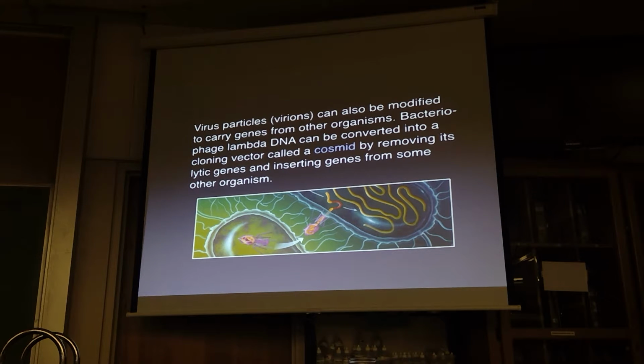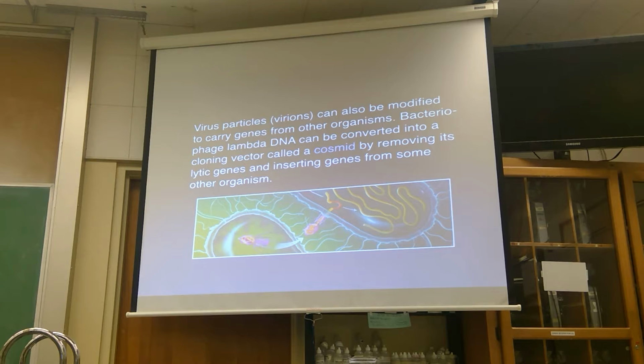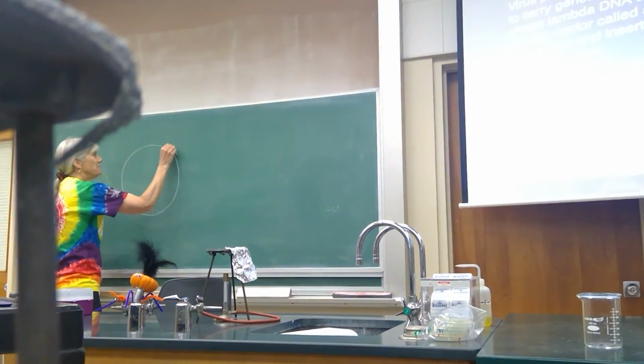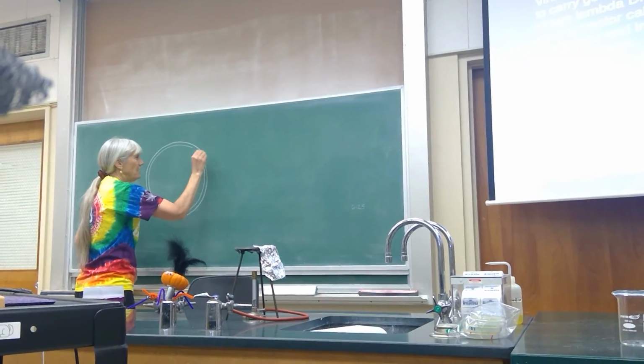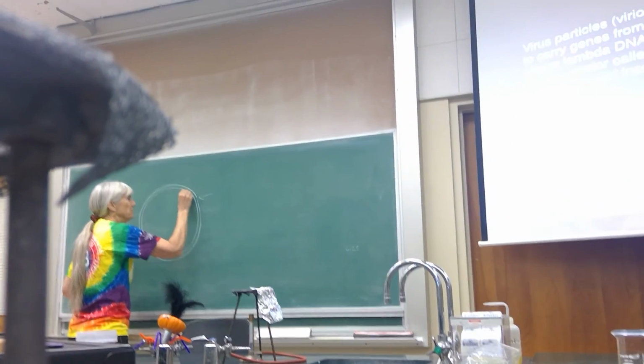The other thing, this is talking about making what are called cosmids. So cosmids, they're like plasmids, but they're made from bacteriophage lambda. Bacteriophage lambda's genome looks like it's a loop, but it's not covalently closed. So you have one strand of DNA and then another strand of DNA complementary. And these little sites here are broken.